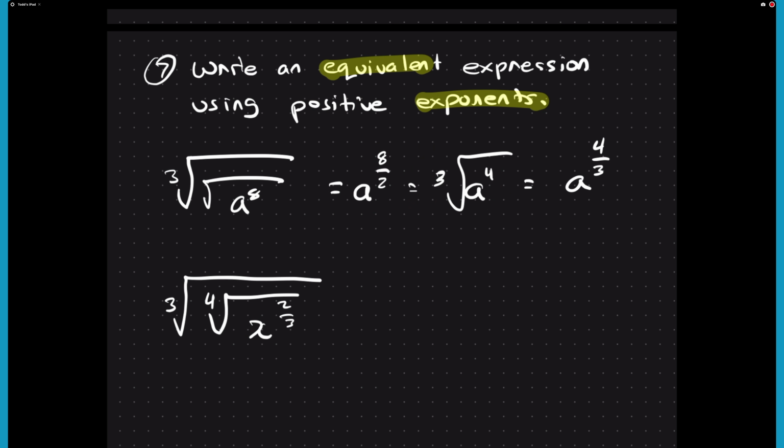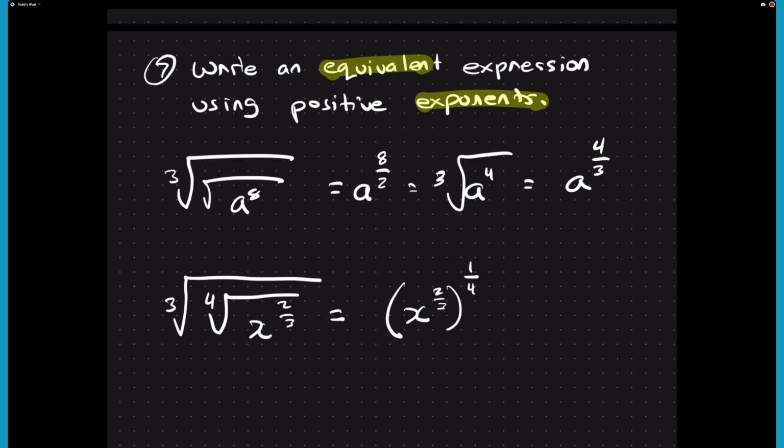Now the next example is pretty similar. It's just the cubed root of the fourth root of x raised to the power of 2 over 3. So same thing, we're going to ignore that cubed root and we're going to deal with this x that is in here right now. So it's going to be x raised to the power of 2 over 3, and that is going to be raised to the power of 1 over 4.